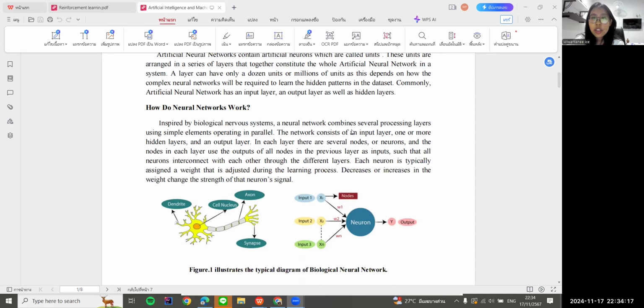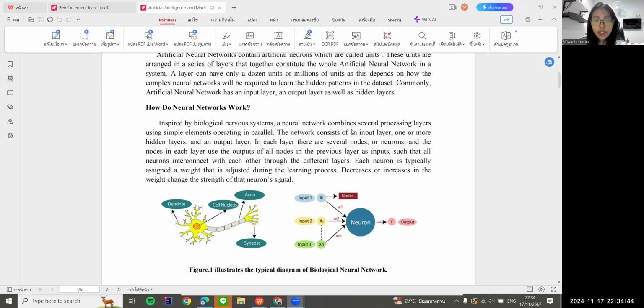In these layers there are several nodes or neurons, and the nodes in each layer use the output of the nodes in the previous layer as input, so all neurons work connected with each other through the different layers. Each neuron is typically assigned a weight that is adjusted during the learning process.